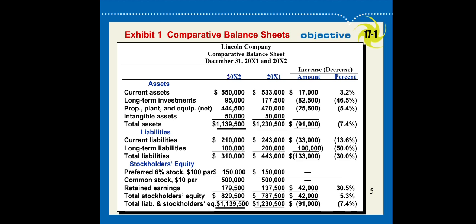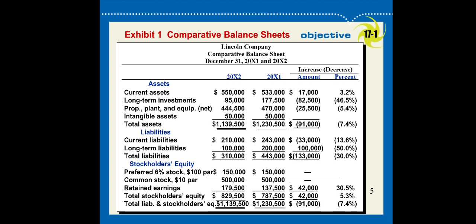In the previous year, 2000x1, the total asset of the business is 1,230,500. So if you look at only these two numbers, you will say that the business is getting worse because the asset is getting less. But let's see what your conclusion is after doing the analysis.